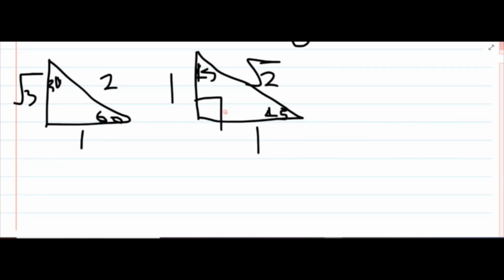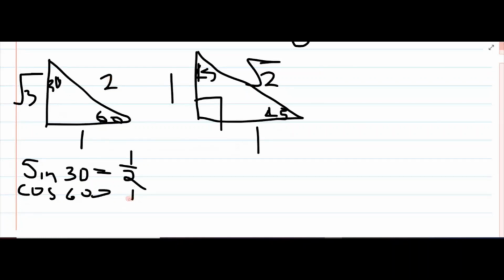And one thing I need you all to notice is that sin 30 equals opposite over hypotenuse, and cos 60 equals adjacent over hypotenuse, so it's 1 over 2, because adjacent of 60 is 1 over 2.